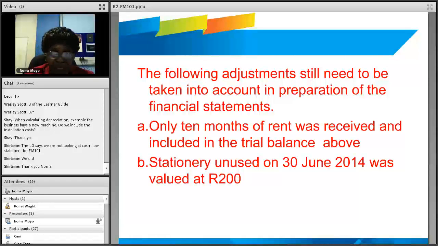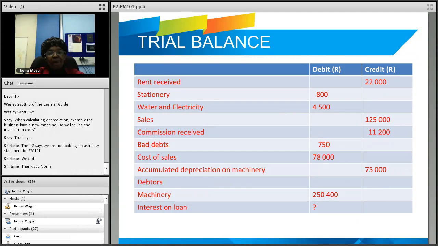The following adjustments still need to be taken into account in preparation of the financial statements. Only 10 months of rent was received and included in the trial balance. Only 10 months. Let's go back and see. There is the rent received. It was 22,000. And they say this is only for 10 months.